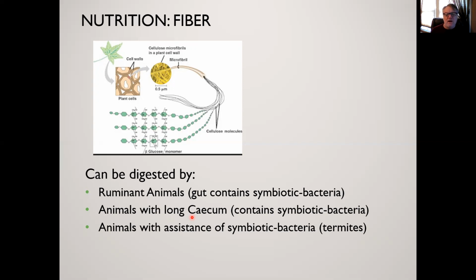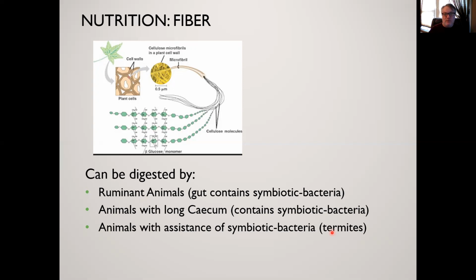And then there's a few other animals, like I just mentioned previously, termites. Termites are also able to break down the fibers, but again, by using bacteria. In many cases, these bacteria are not actually in their body. These bacteria are in their environment.